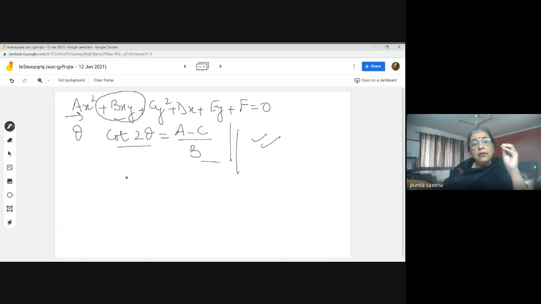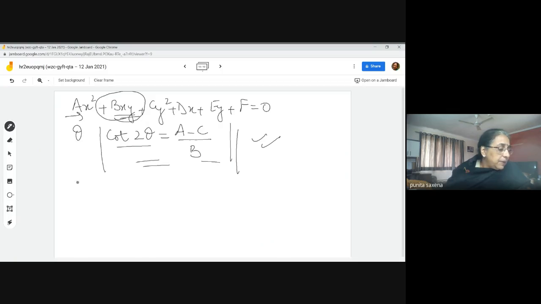Then I go on with the procedures that we have learned so far: complete the square, identify whether it's a parabola, ellipse, or a hyperbola, and then sketch it. That part we have learned. The thing is that if it contains bxy, then I have to identify my theta. So once I have identified my theta from here, then I also have equations where I can convert.